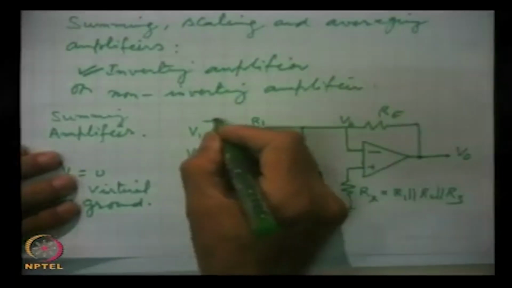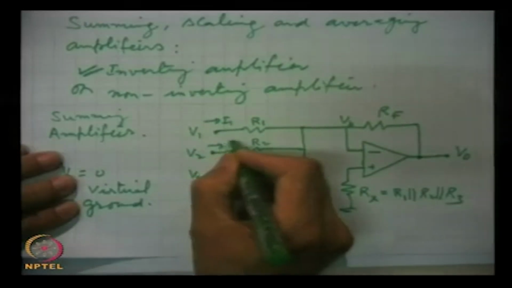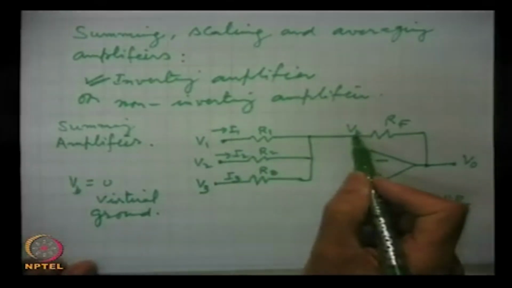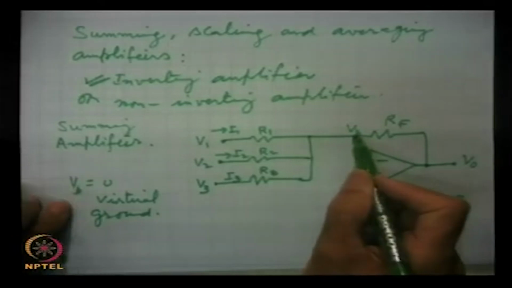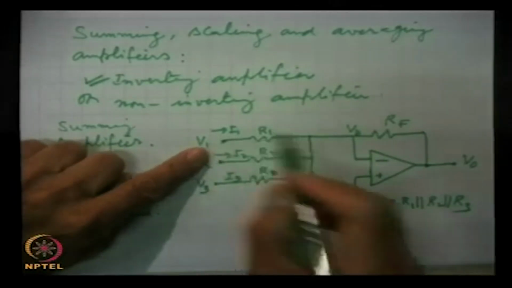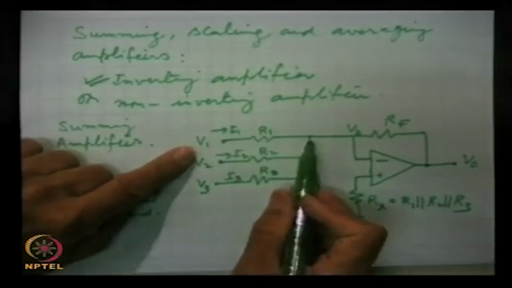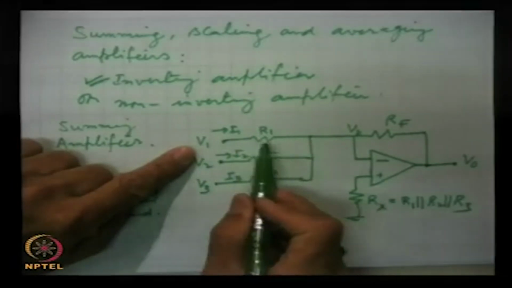Now, we will take this and we can write that the currents here, this is I1, this is I2, this is I3. Now, because this voltage is 0, what will be this current I1? I1 will be V1 minus V0 by R1.